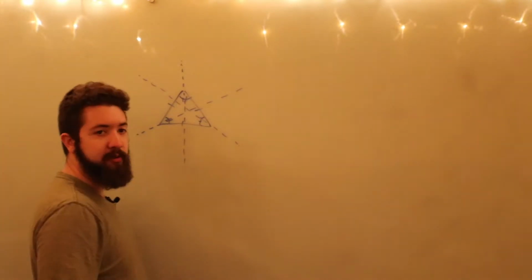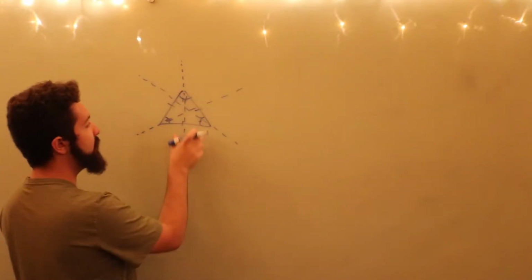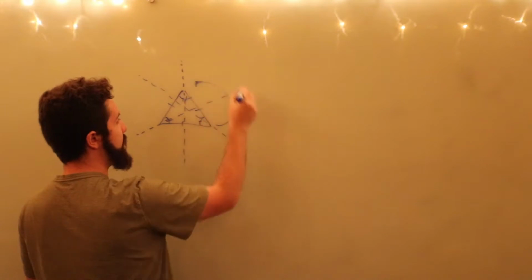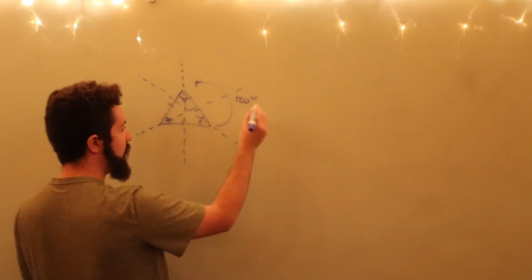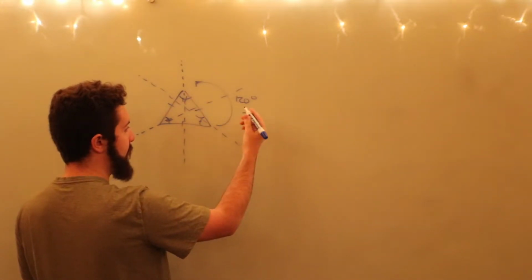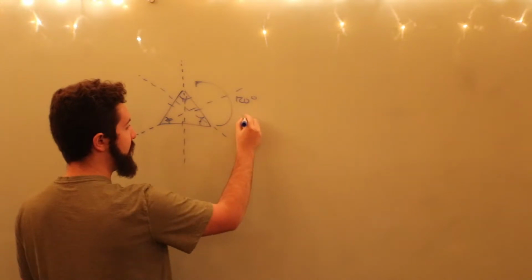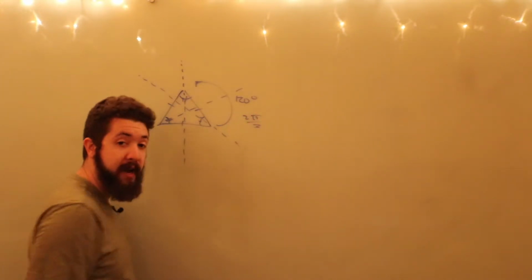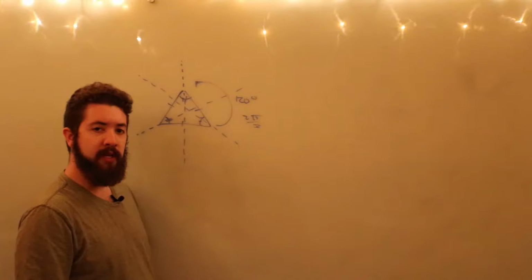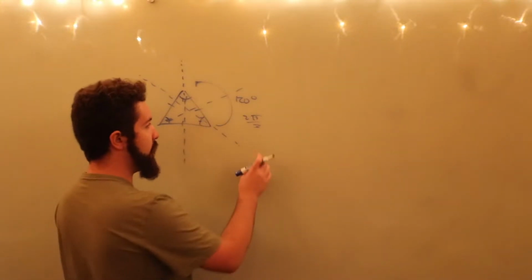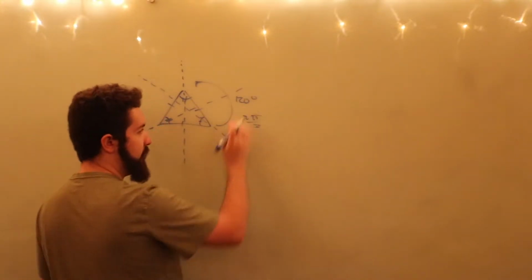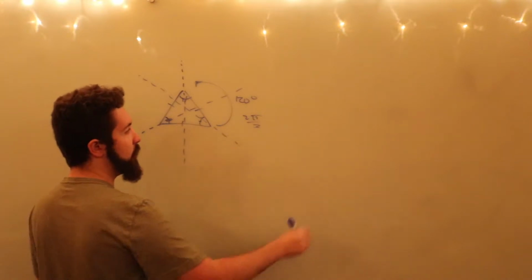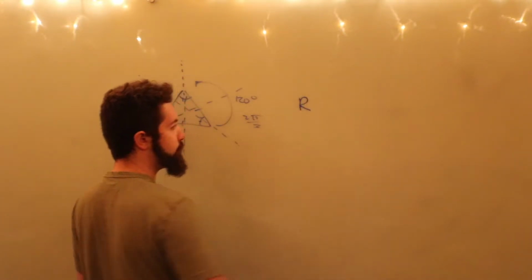And then in addition to reflection, you have rotation, right? Rotation by 120 degrees, or 2 pi over 3 radians. Now suppose we call a rotation by 120 degrees counterclockwise r.